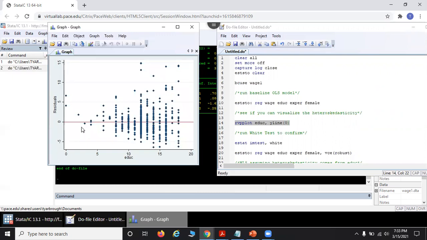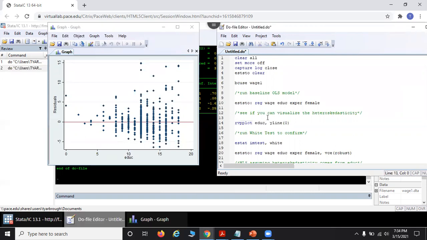What we notice is that when you look at education with respect to the residuals from that baseline model, as education increases, the residual spread seems to increase as well. This means we could have a violation of our ordinary least squares assumption, and therefore heteroskedasticity in this particular model.